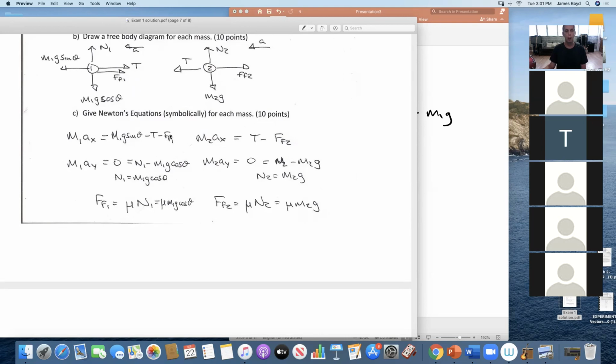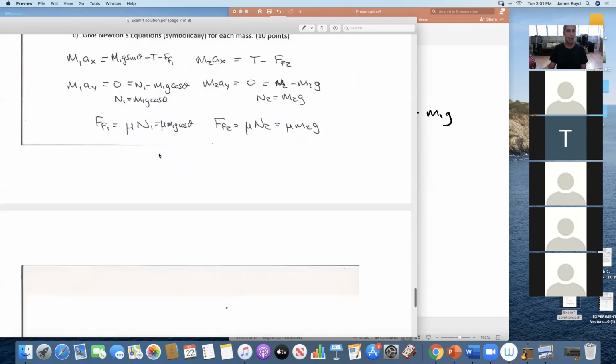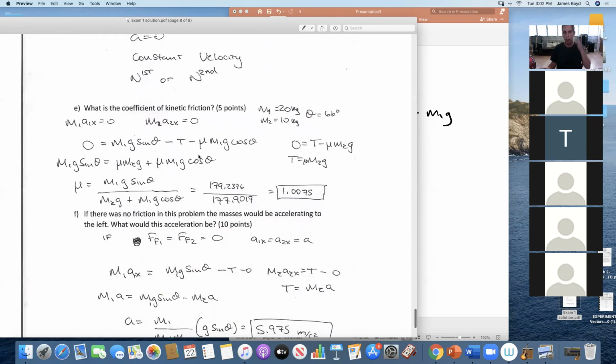This is mu m1 g cos theta, but this a is also 0, and so you can solve this. It's 0 because of the constant velocity. I gave you the masses, I gave you the angle. You can use that to solve for mu, and you find that it's a little bit greater than 1. It's okay that it's a little greater than 1.